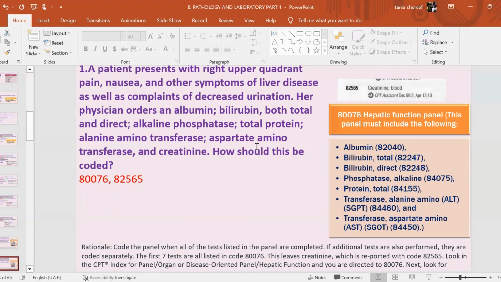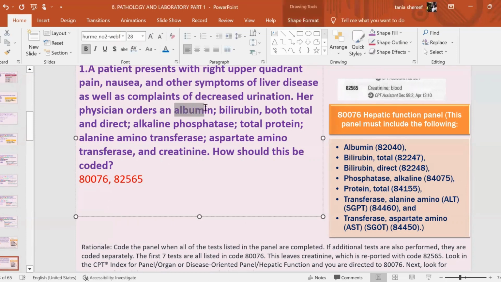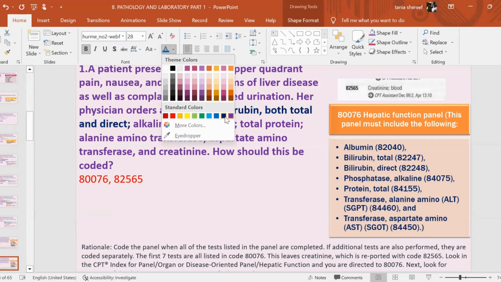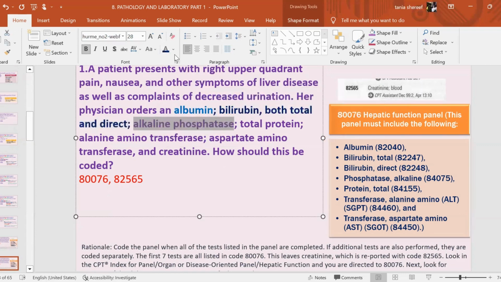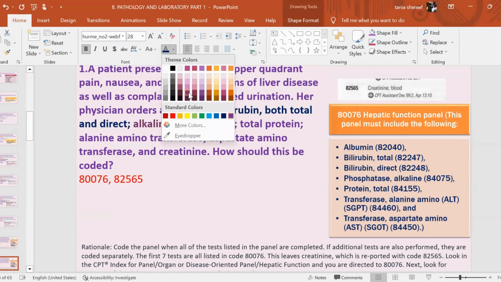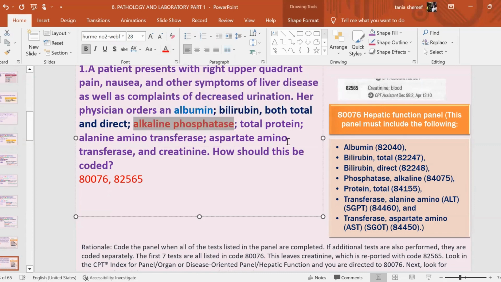So first is albumin. Albumin is there. Next, bilirubin, both total and direct. Okay, now next is alkaline phosphatase. That is also there. Next is total protein. That also we can see. Next, transferase ALT, alanine aminotransferase.